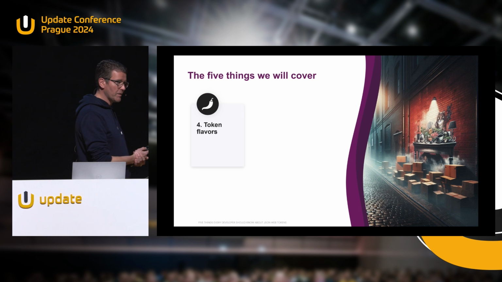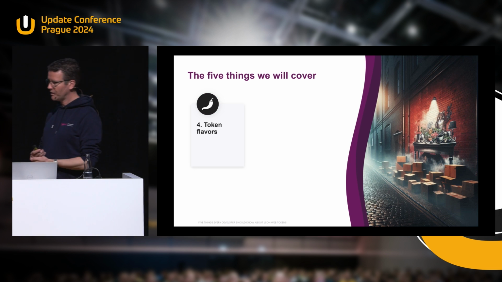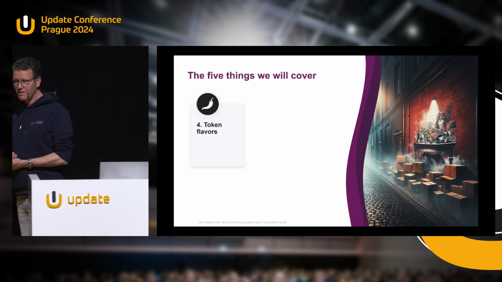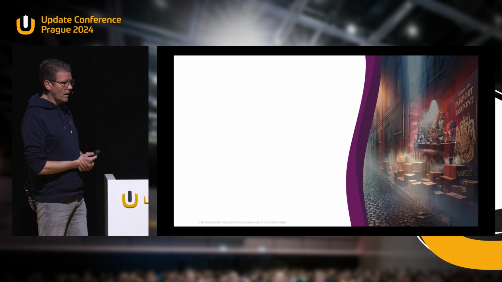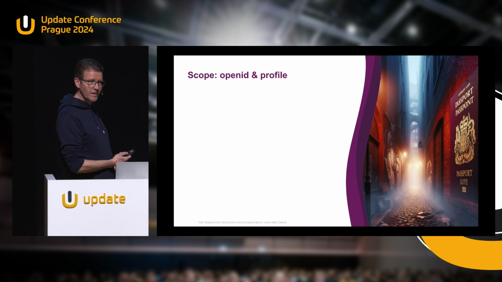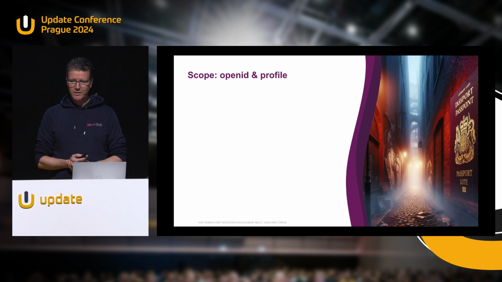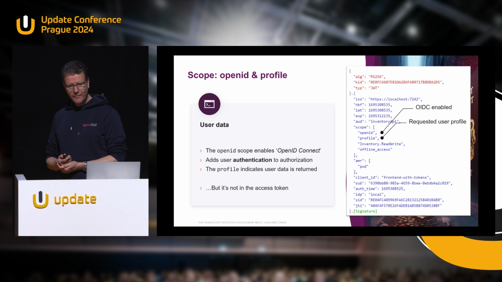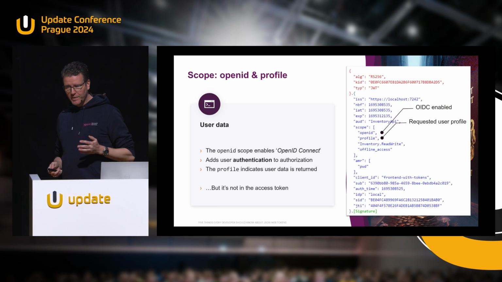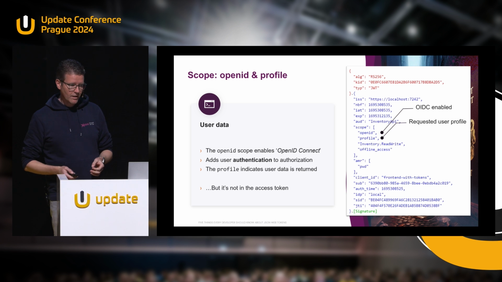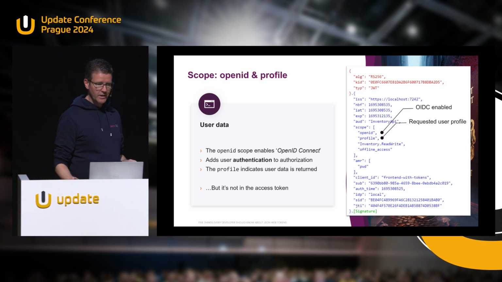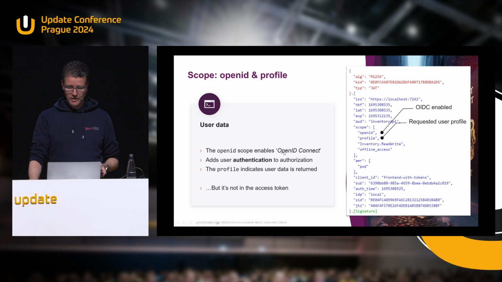And then there are these things called token flavors, which is a term I invented myself, so don't Google it. This means the different tokens that you may encounter during your project. Up until now, I've skipped all these other scopes that were in that token, and well, there's a good reason for it, because I want to explain it right now.